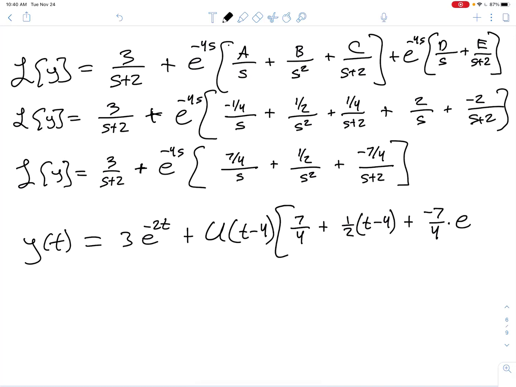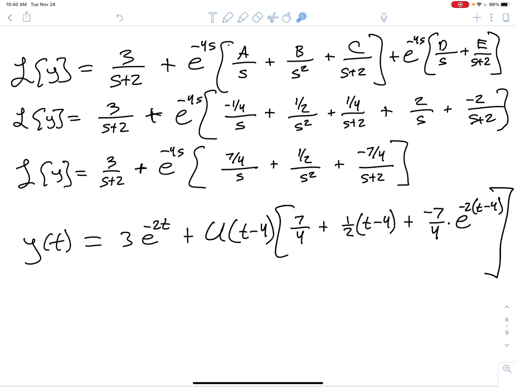But the t has to be shifted by 4 units. So we don't want e to the negative 2t, we want e to the negative 2 times t minus 4. And that as well will be turned on starting at t equals 4.